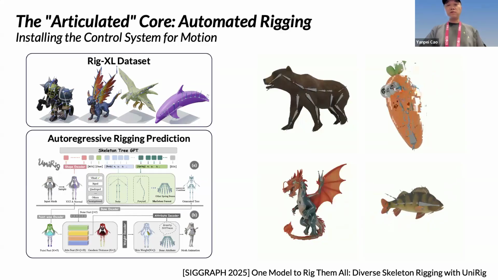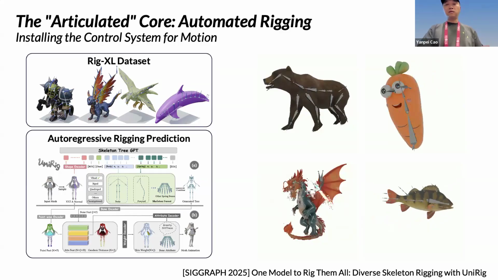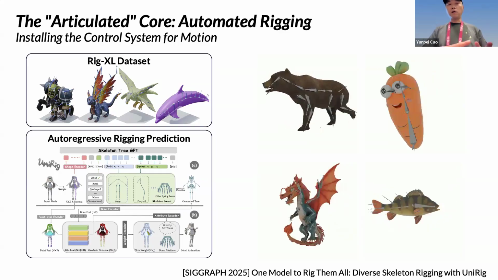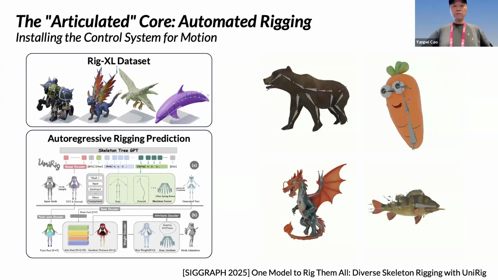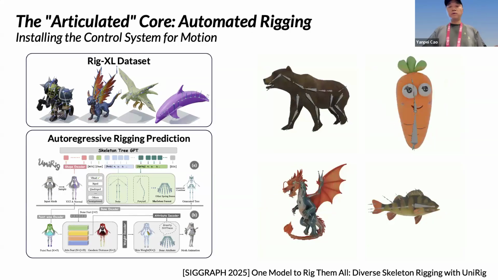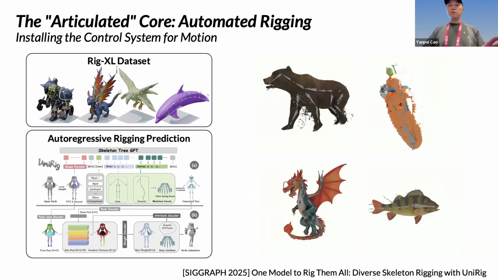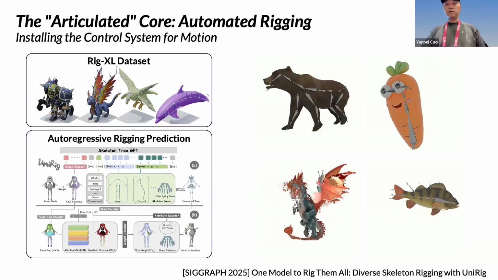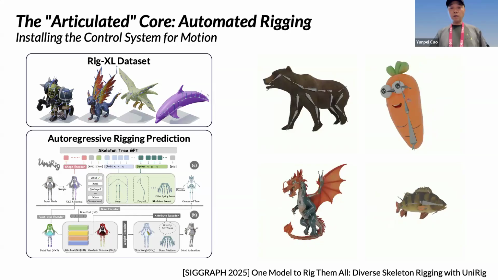Just think about the sheer diversity of 3D assets in any modern game or film. You've got humanoids, obviously, but also four-legged animals, birds, fish, spaceships, or even mechanical assemblies.